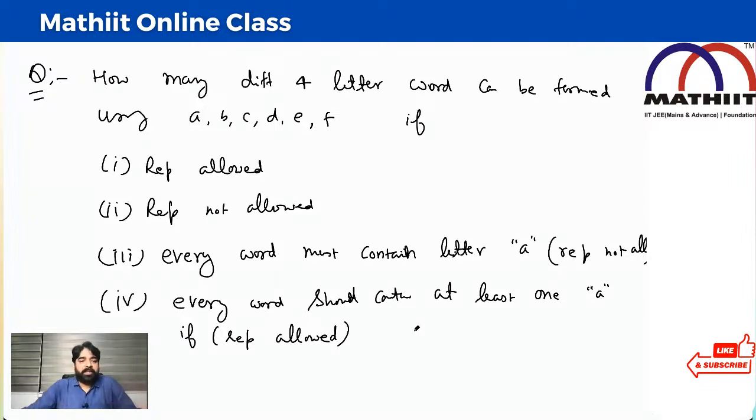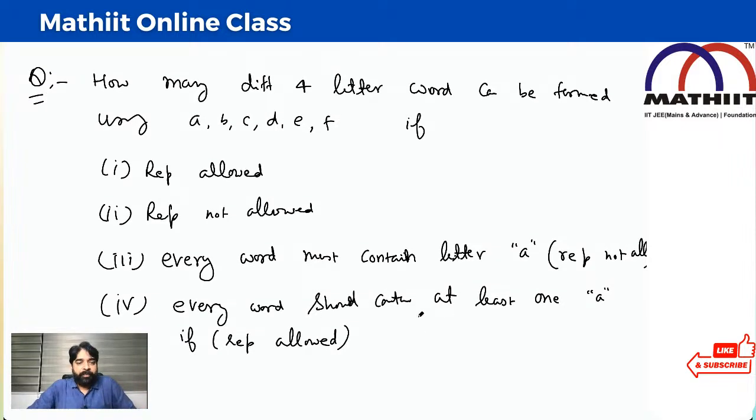Same kind of question I'm asking you. You can give the answers in terms of product itself. No need of full calculation. I'm not here to check your calculation speed. You can leave the answer in terms of the product. But do not use nPr, nCr, or any kind of formula. Using formula will always make you handicapped.